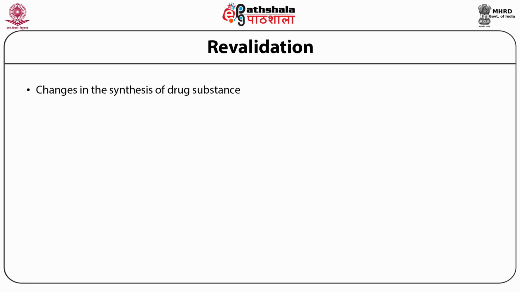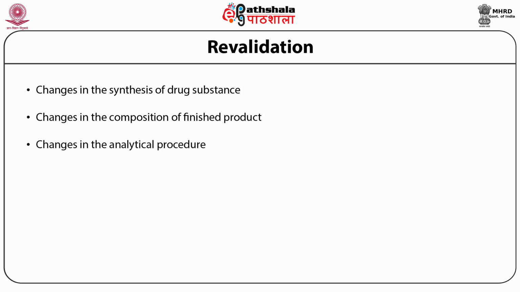Here, if you change the process of synthesis, it has to be revalidated. And changes in the composition of the finished product. Sometimes the chromatography is done for the finished product, for which the composition is changing. Therefore, interfering substances change.